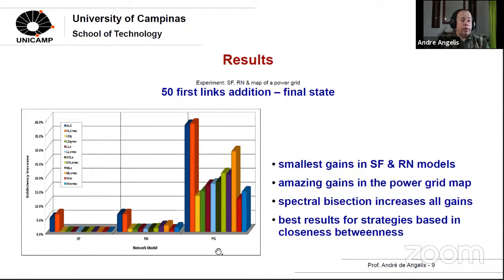We observed an amazing gain in the power grid map, about 40%. The spectral bisection increases all gains, so it appears to be a standard procedure from now on. And our best results were for strategies based on closeness and betweenness.